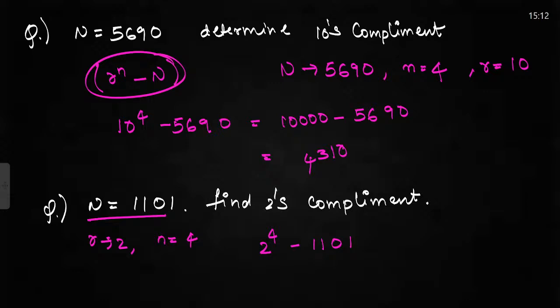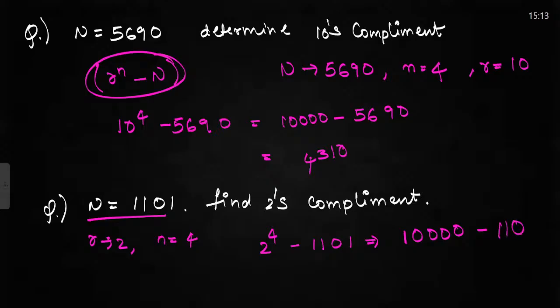Here my 1101 is in binary. Converting 16 into binary, I get 10000.